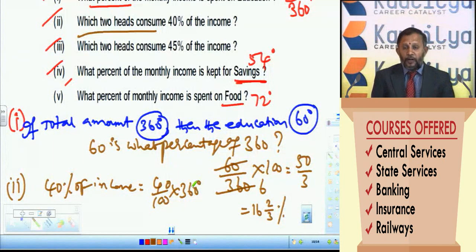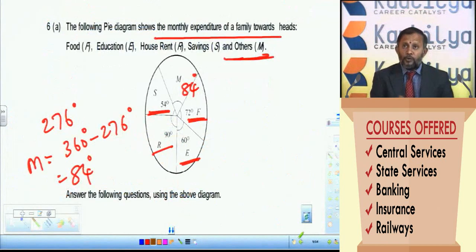You have to calculate 40%. So 40% of 360, that is equal to 144 degrees. So here what you have to select is which two elements give the total as 144.